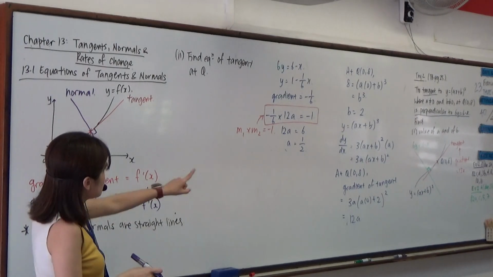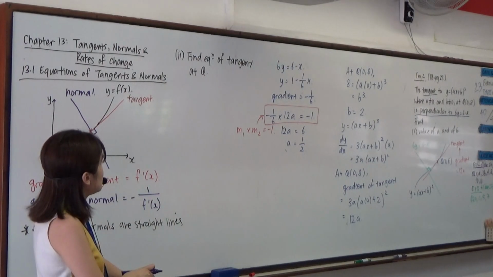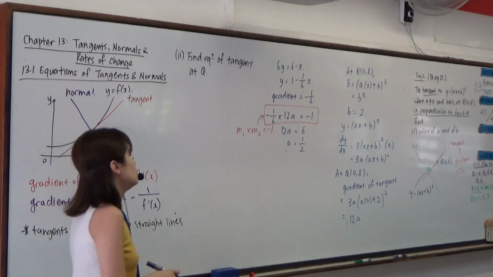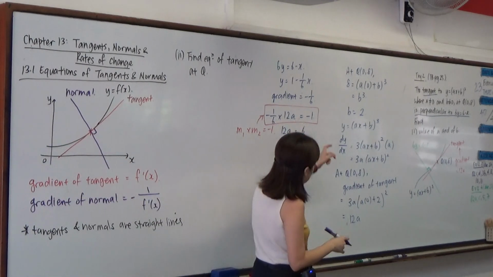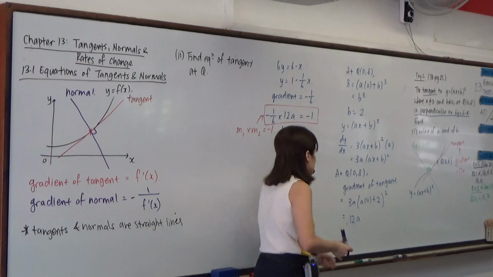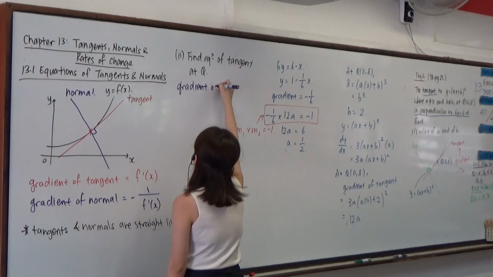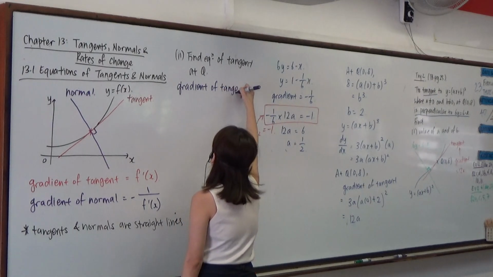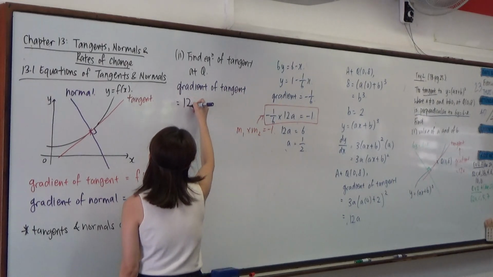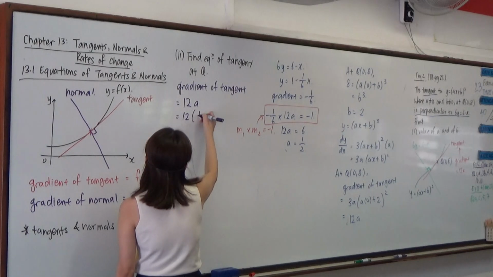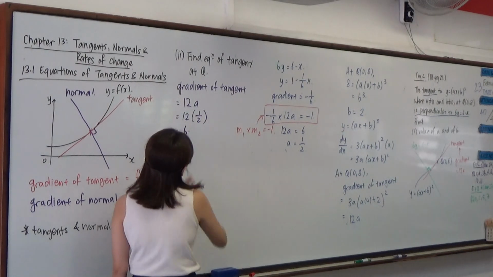Next, the last part of this question says find the equation of the tangent at Q. So I now already have the gradient of the tangent, which is 12a, which is 6.